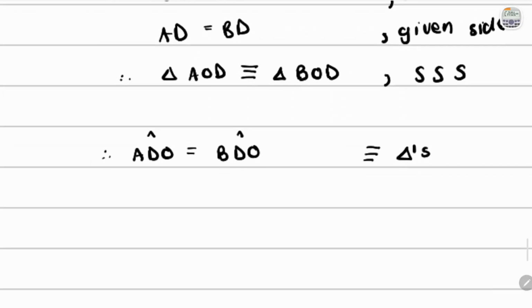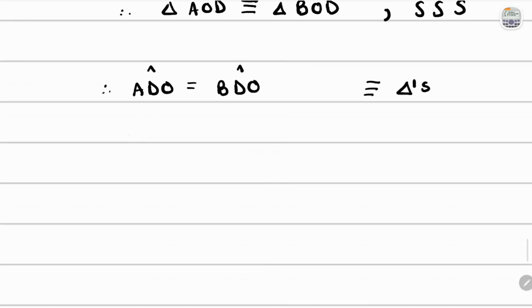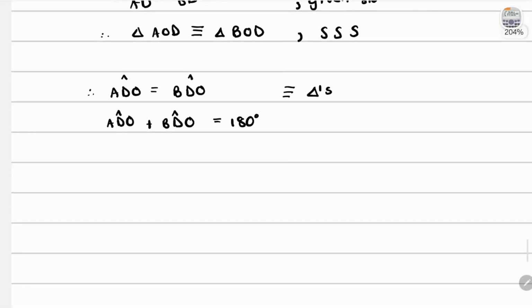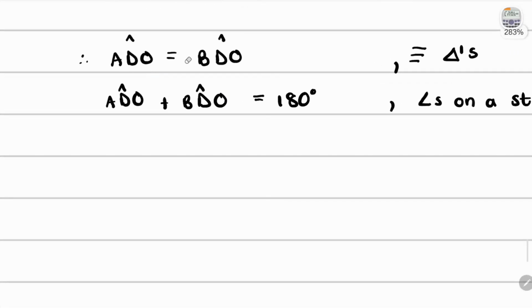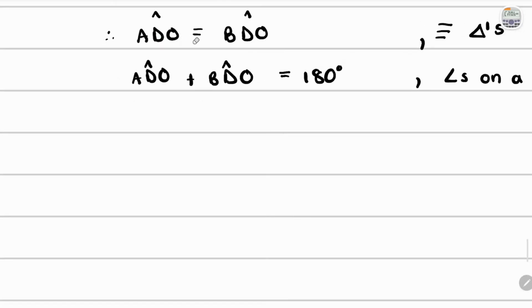So that is the idea behind it. So we can say that angle ADO plus angle BDO add up to 180 degrees because they are angles on a straight line. And because we know that they're exactly the same, look at what we can do. We can update this equation.